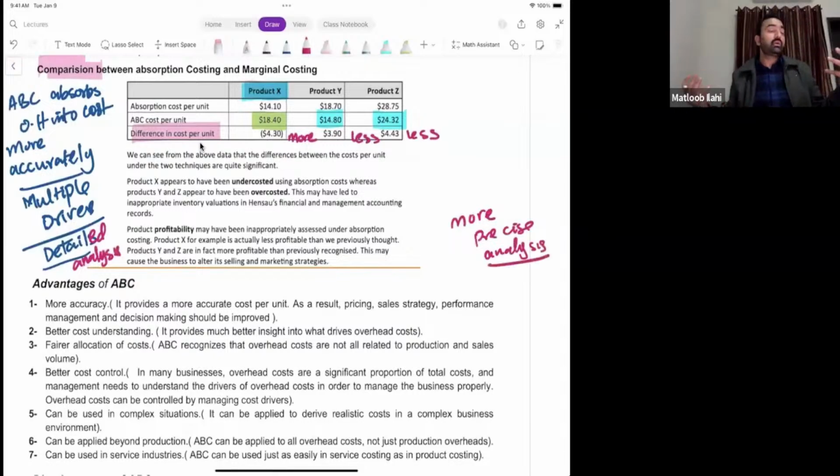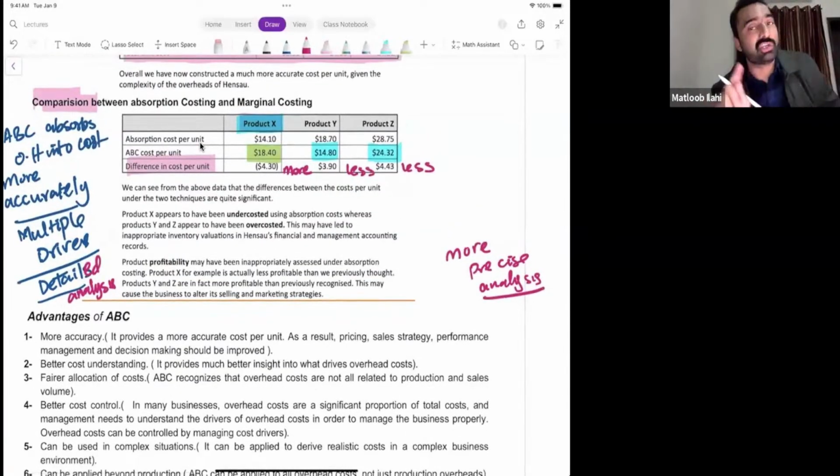So this means that when ABC is used, the product cost is different.